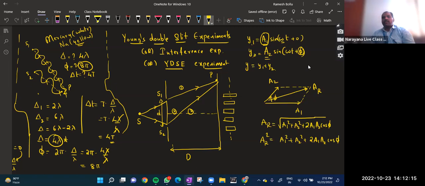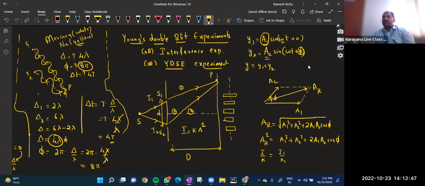In your 11th standard, you might have heard in your school that the intensity of the light equals how much? K times, any proportionality constant, into amplitude square. Means the resultant amplitude whole square, so I can write resultant intensity by K. A1 square is I1 by K, where I1 is the intensity of the first light wave.